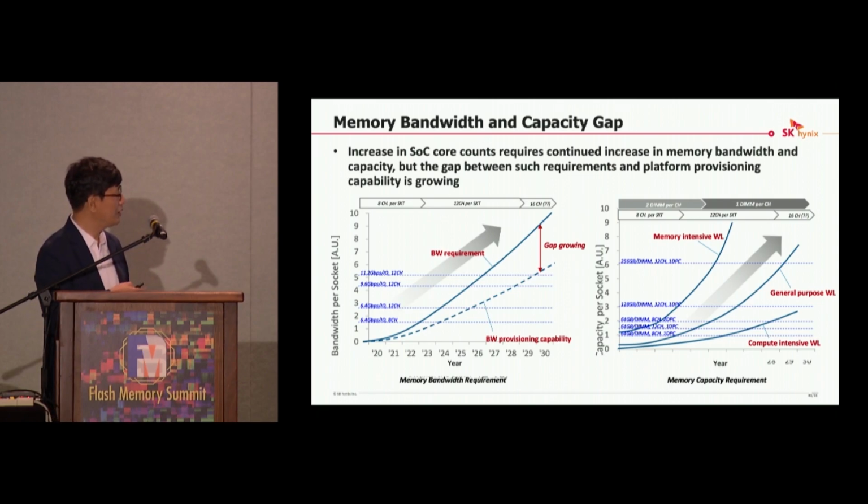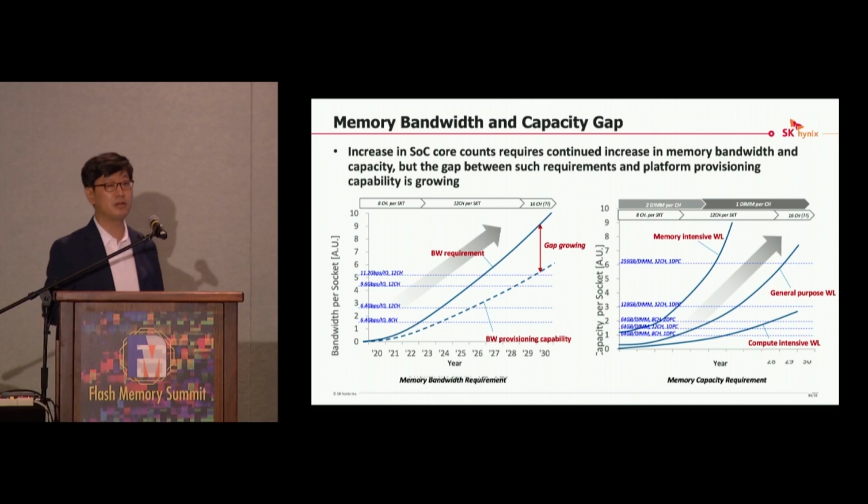The graph on the left-hand side shows you how the bandwidth requirement and bandwidth provisioning capability of the system grows over the years, or expected to grow over the years. And as you can see, you already start to see this big gap between the requirement and what the system can deliver.